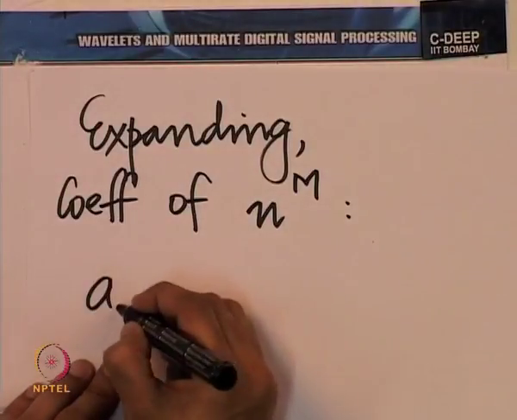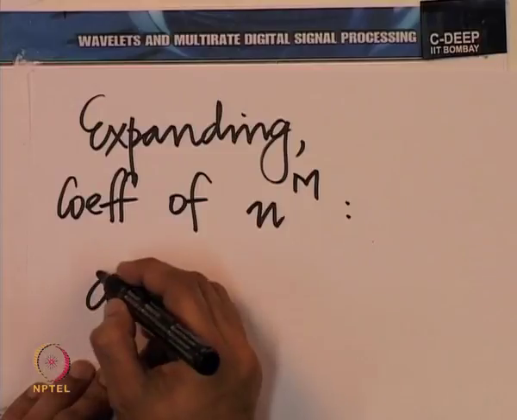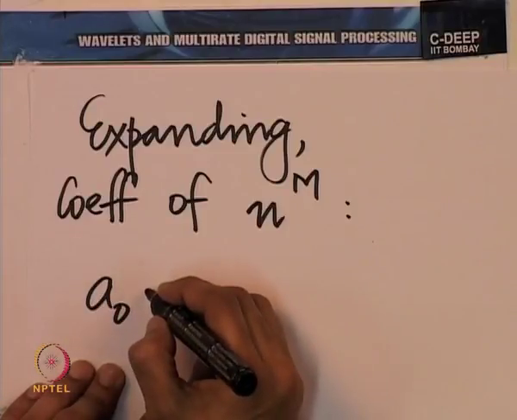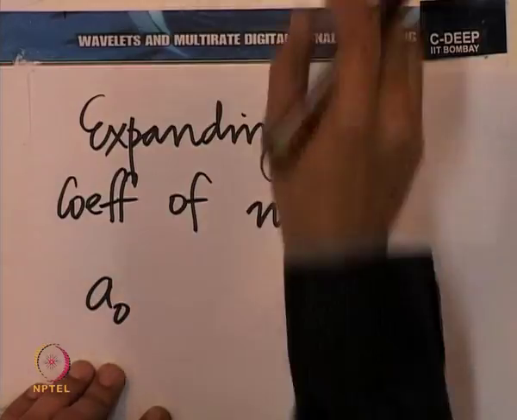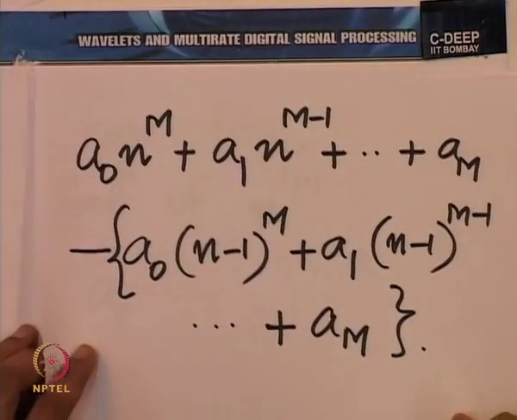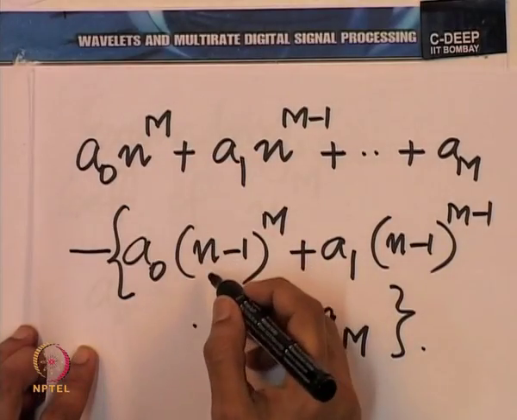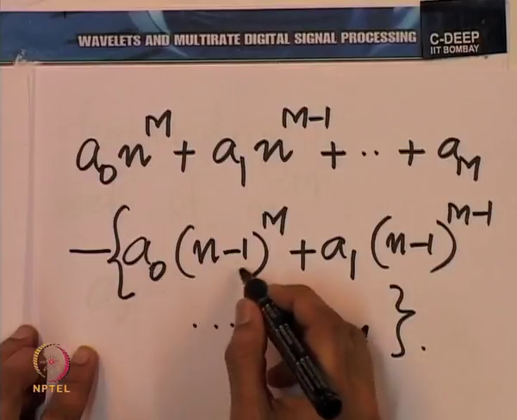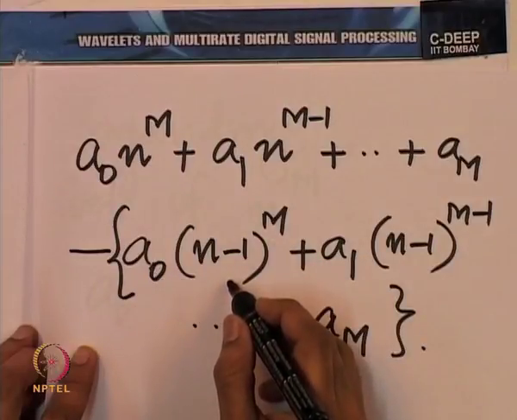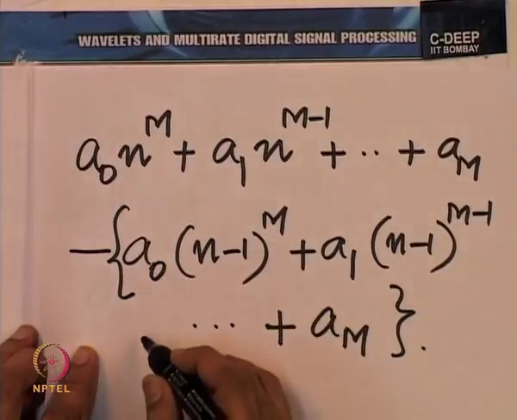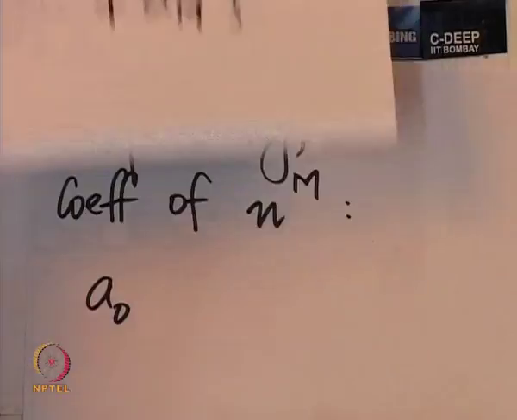It is essentially a 0, I mean you have the term a 0 n raised to the power of m coming from here, and the term a 0 n minus 1 to the power of m, which contributes the coefficient of n raised to the power of m here, and that coefficient is again a 0.